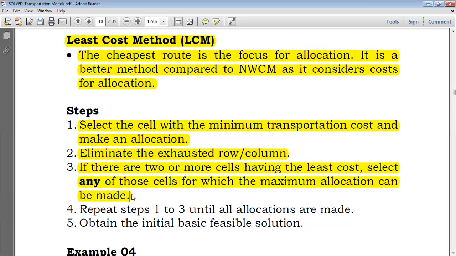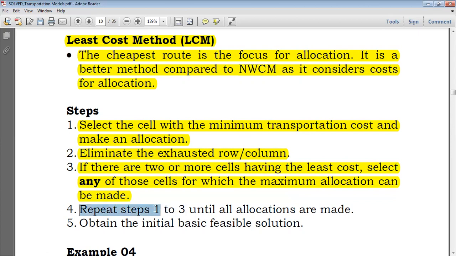So in case one cell allows allocation of 400, but the other allocation of 500, then you would have to allocate in the one allowing for 500. And in case the maximum allocation is the same, you can choose any of the cells. In case one cell has 400 units, and the other 400 units, then you can choose any.